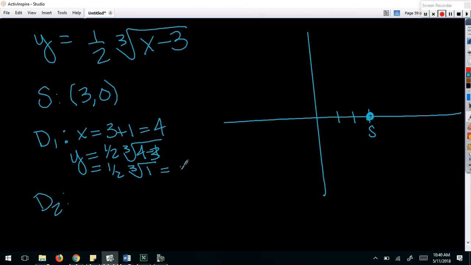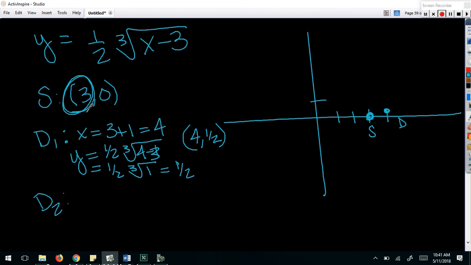What's 1/2 times 1? 1/2. This is the same problem we talked about yesterday. So this is 4 and 1/2. I added 1 to this. Okay, so that's how you get the 4.